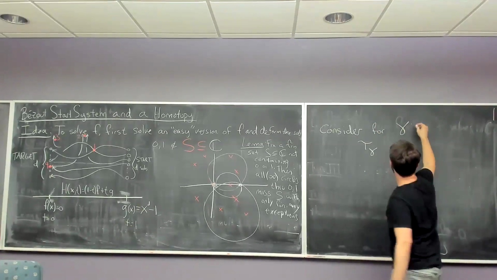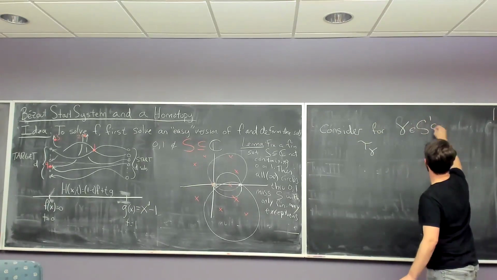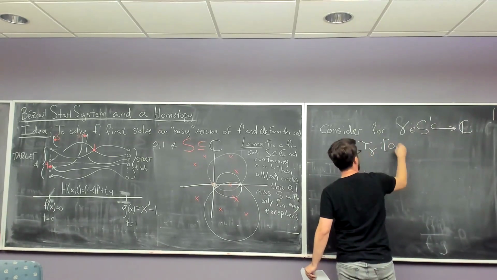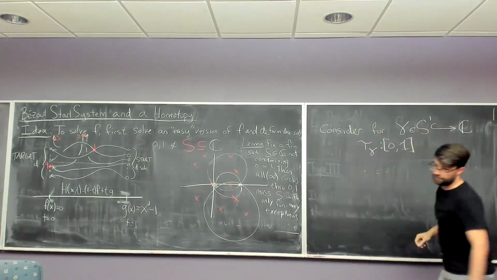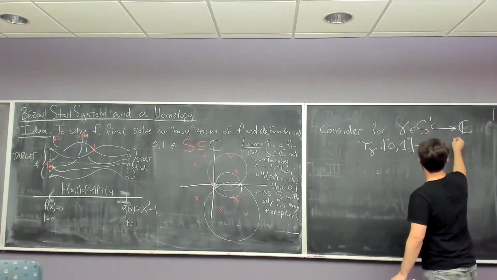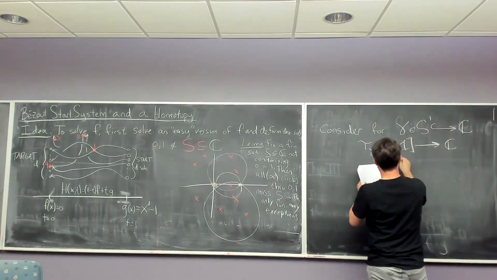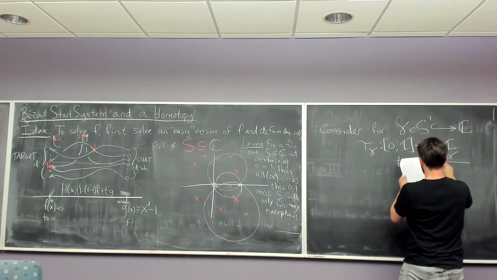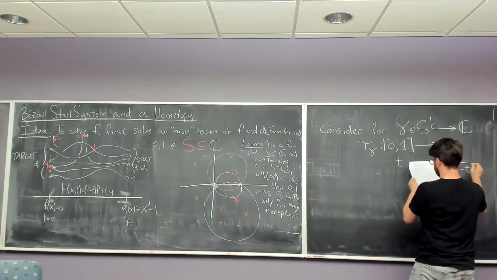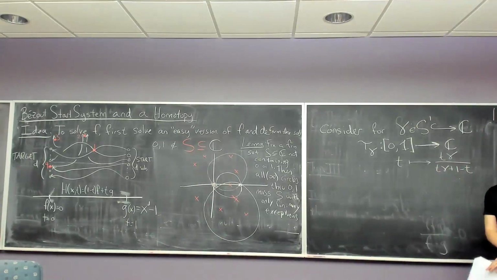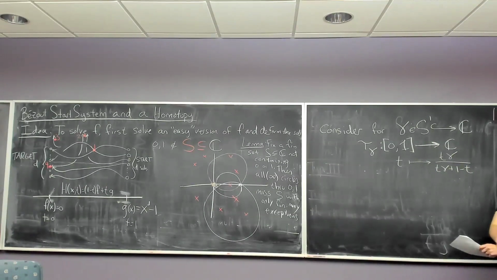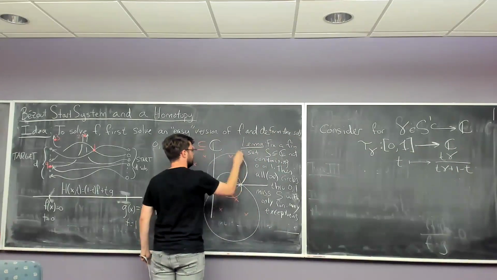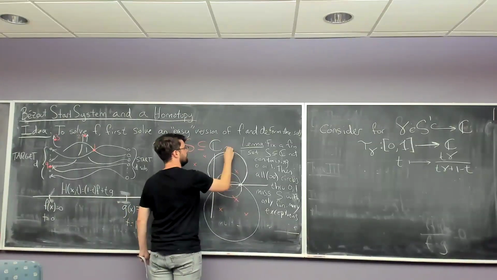Pick some complex number on the complex unit circle. And look at the following path. We're going to parameterize this path by the unit interval. It goes to C. And t goes to t gamma over t gamma plus 1 minus t. This is tau gamma.